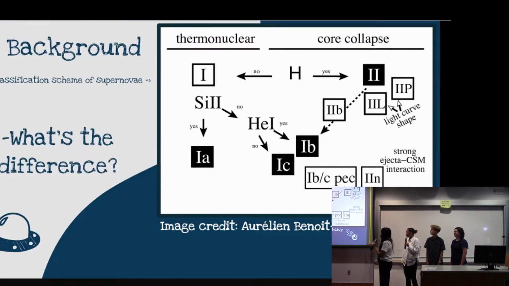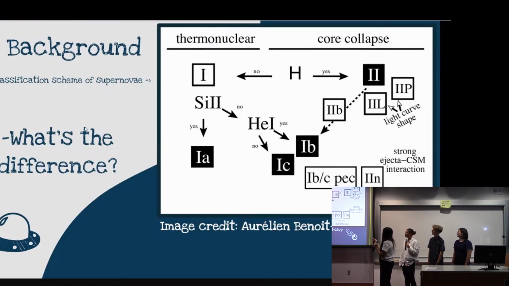If there is a silicon absorption feature, then we classify it as a type 1a. If there isn't, we search for a helium emission and absorption line, because helium is a really distinct element itself, and if there's no presence at all, then we classify it as a type 1c supernova. And if there is, then it's going to be classified as a type 1b.